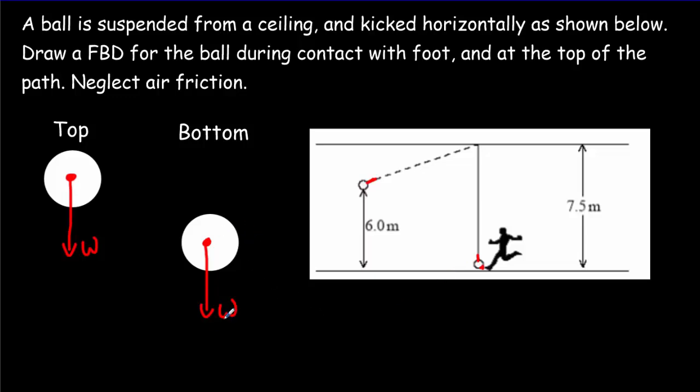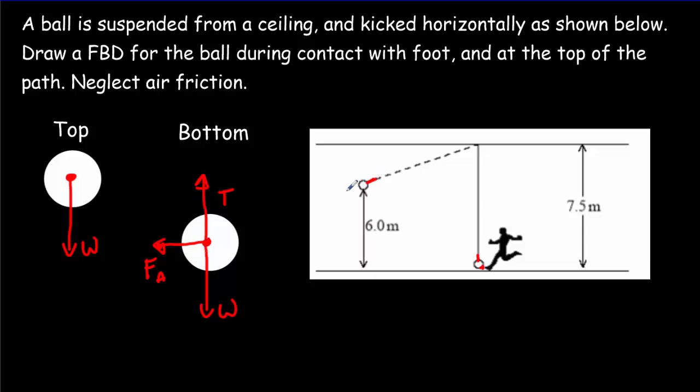So let's start with our bottom diagram. We're going to have a force coming across this way. It's an active push, so we'll call that an applied force, FA. And then we've got the rope pushing straight up. So that's going to be a tension force away from the object directed along the rope.